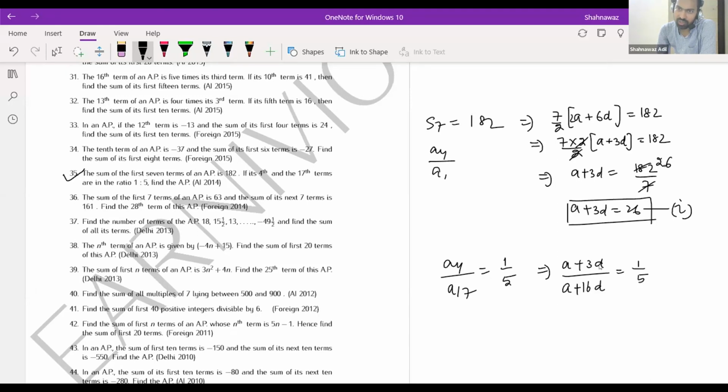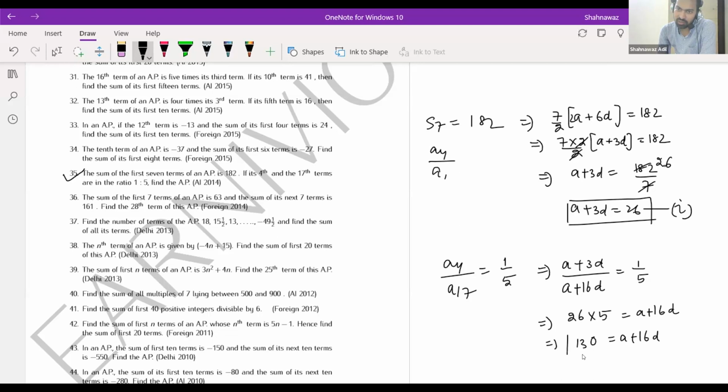A plus 3D is 26, so I can directly use this, and this is A plus 16D. So this is how much? 130. So A plus 16D is 130.